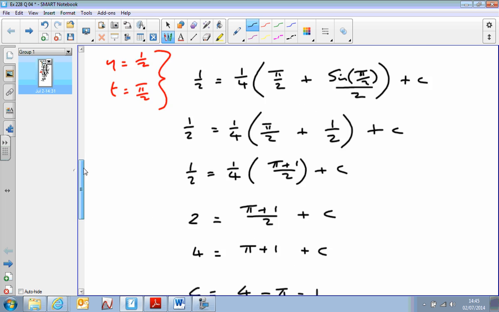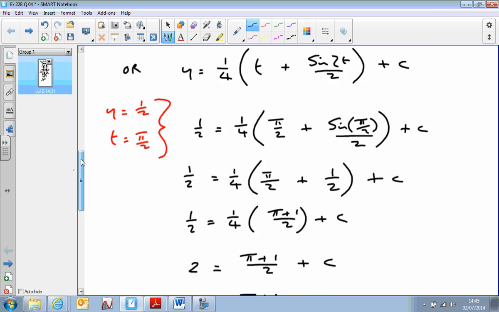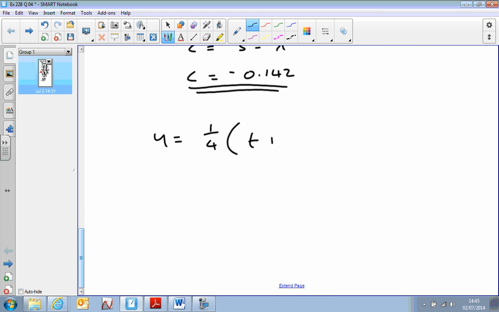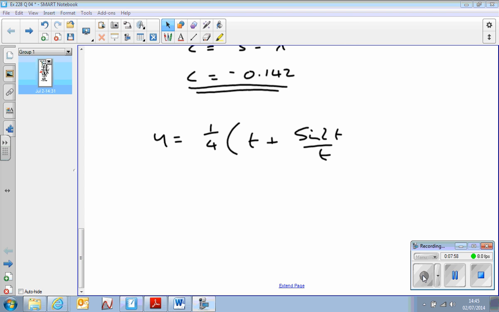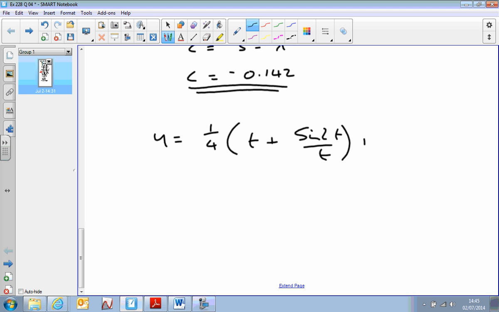Pi over 2 t plus sine 2t over t plus c, which is minus 0.142. So that's my particular solution to this problem.